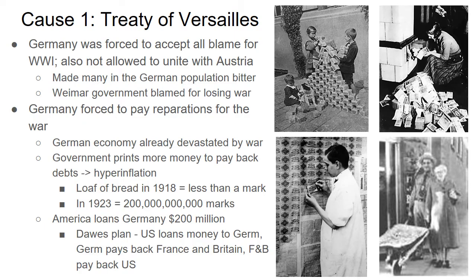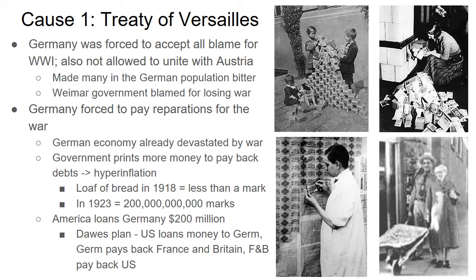So our first cause is the Treaty of Versailles. You guys learned about the Treaty of Versailles yesterday. As you learned, most people were not happy with the outcomes of this treaty. Britain and France were pretty okay with it, but most other people were not. Italy and Japan both felt that they had not been given enough territory out of the treaty.